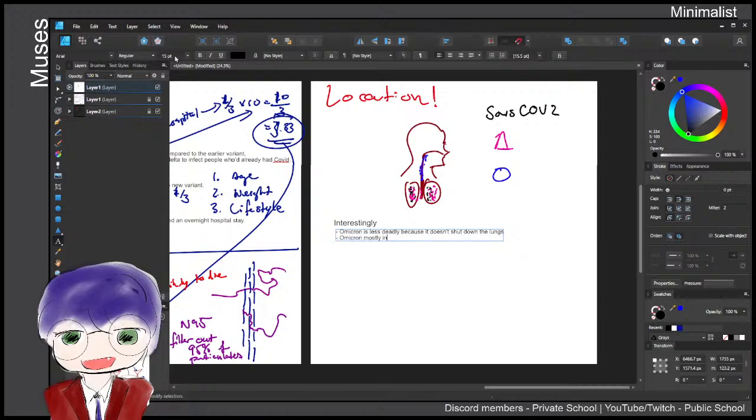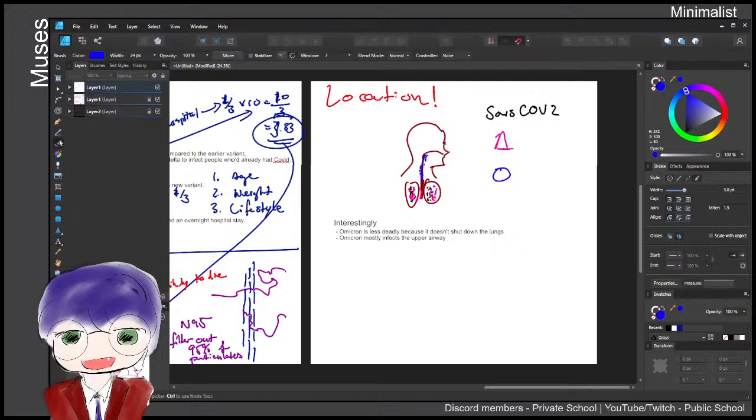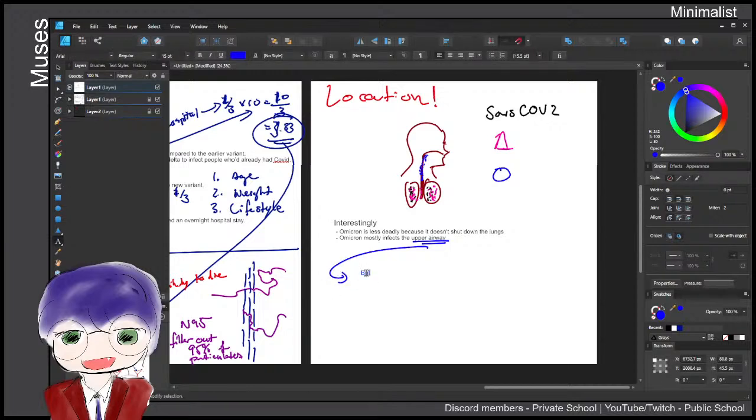Omicron mostly infects the upper airway, but that's also what makes it more infectious, right? This is what makes it more infectious.